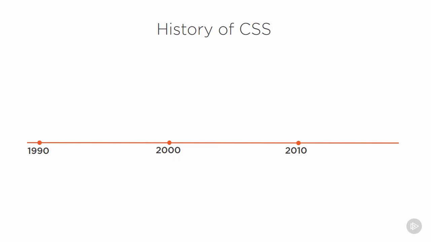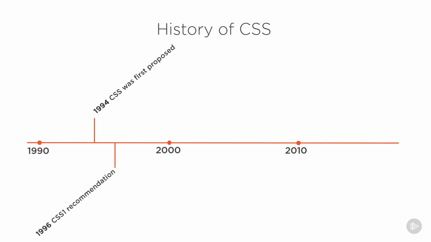Now let's take a brief look at the history of CSS. It all starts in 1994, when CSS was first proposed as a style sheet language. Other languages were also being proposed at the time. However, the W3C, or World Wide Web Consortium, who were already working on the HTML standard, added CSS to the deliverables of the HTML working group.